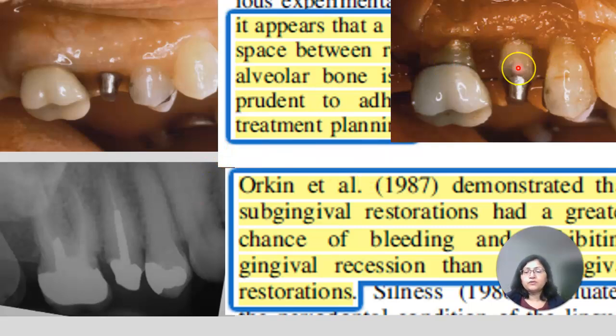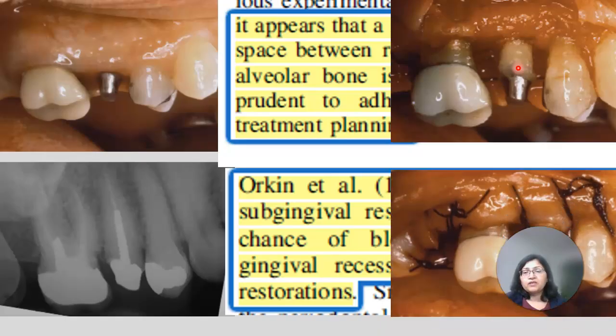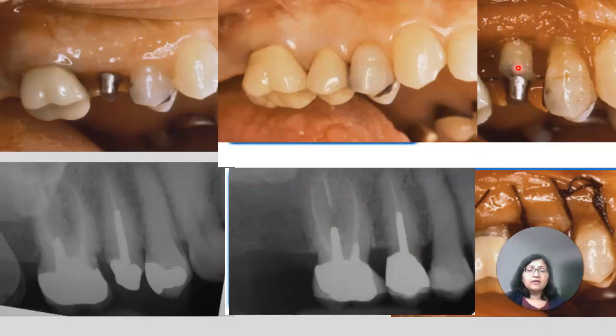Like you see, the flap is raised here. They cut the bone, they did the osseous contouring, put the flap back, give the crown, and this is ideally what it should be. You see the distance here, it is almost 2 to 3 millimeters, but this is how you should be approaching the case.